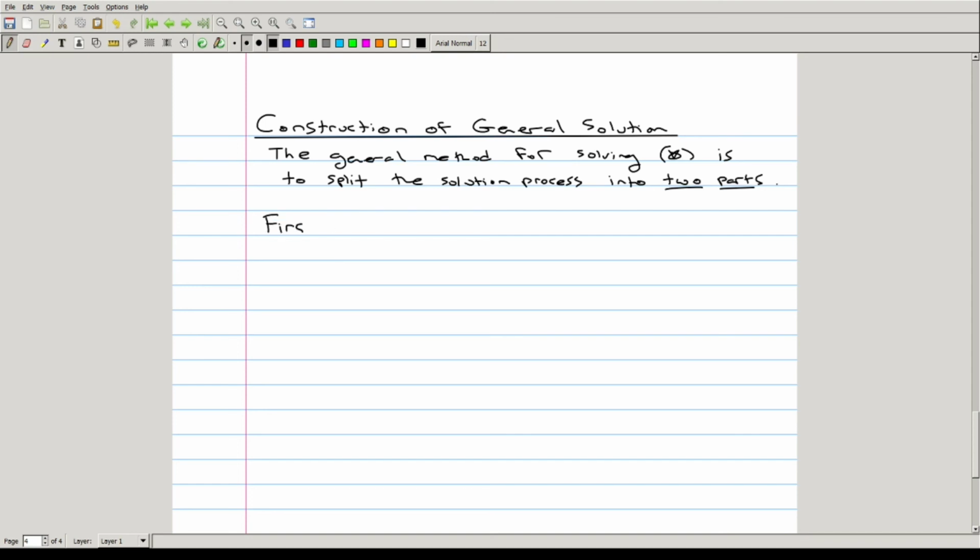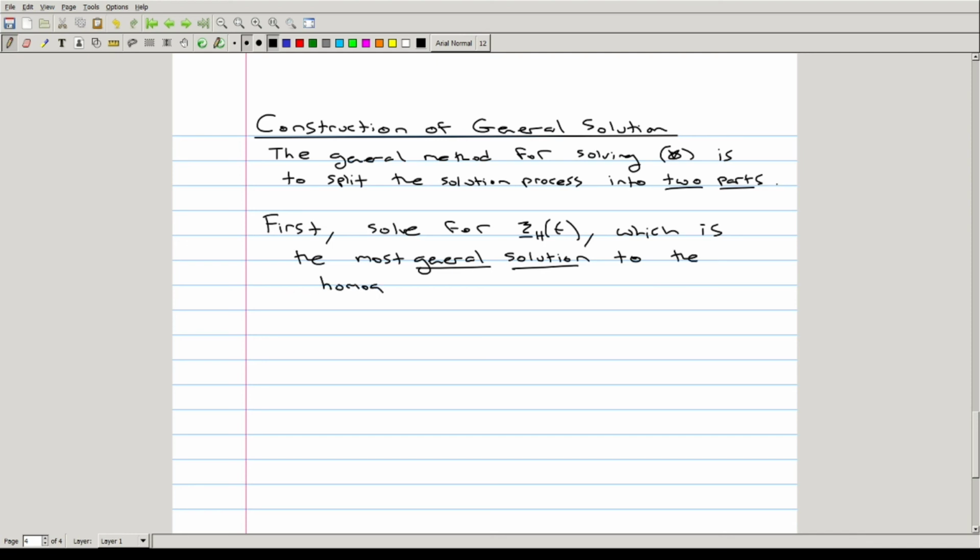First, we solve for the solution that I'll call xi h of t, which is the most general solution to the homogeneous form of star.